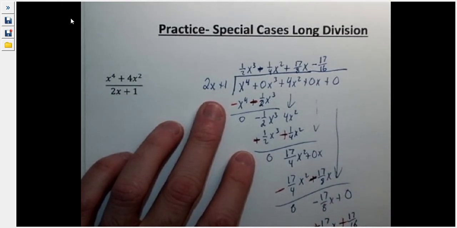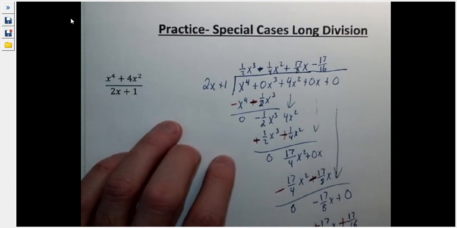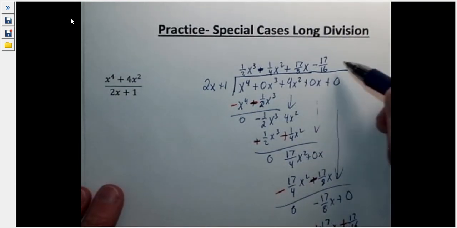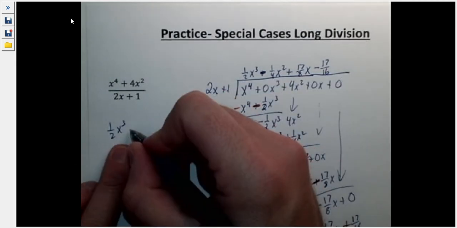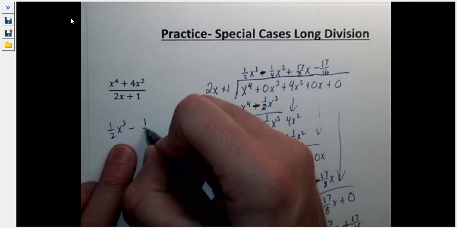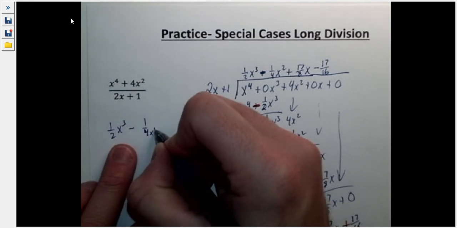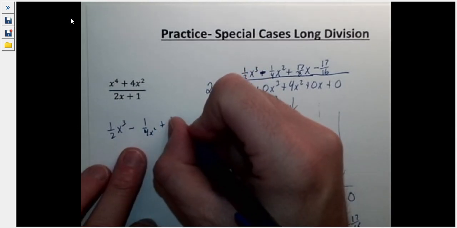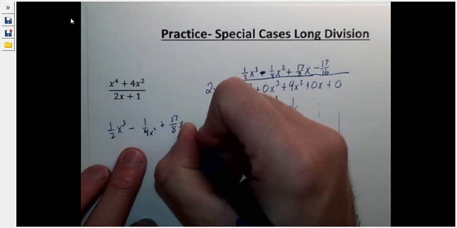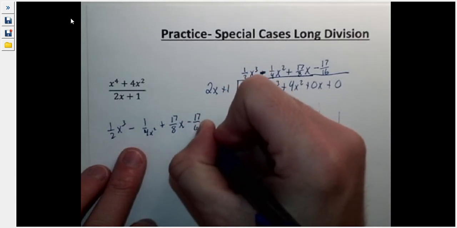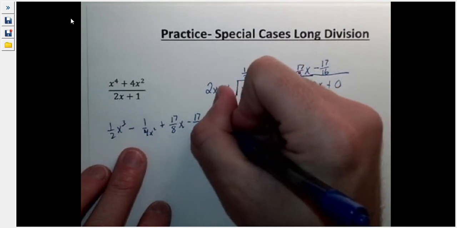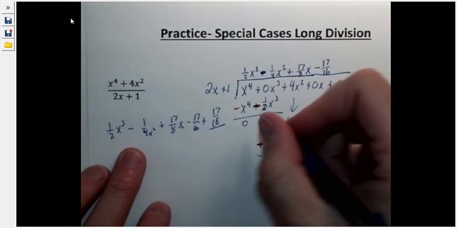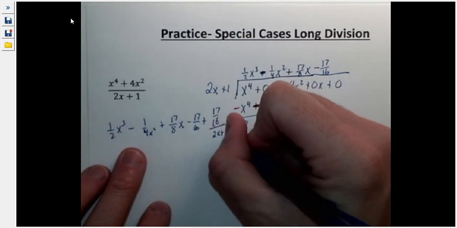You get 0, and this is 17 over 16, which means that is your answer here. So 1/2 x cubed minus 1/4 x squared plus 17 over 8x minus 17 over 16 plus my remainder, which is 17 over 16 over 2x plus 1.